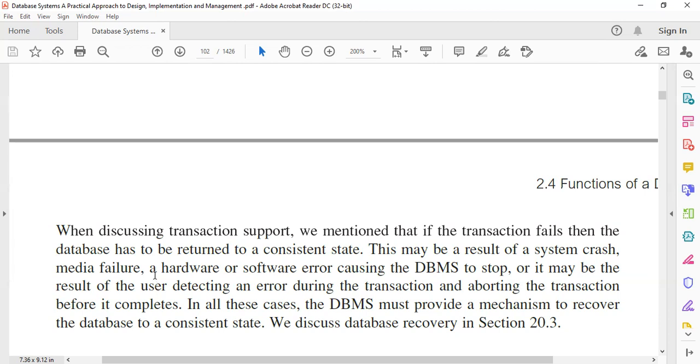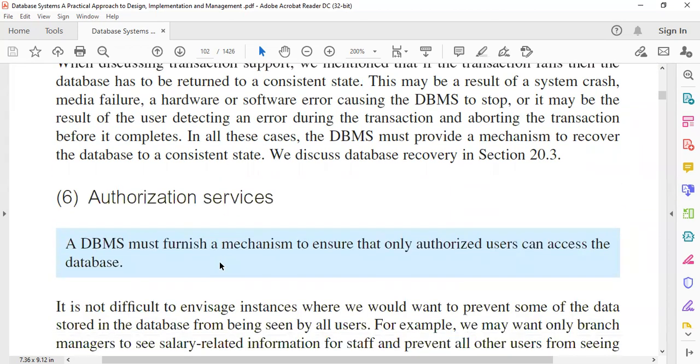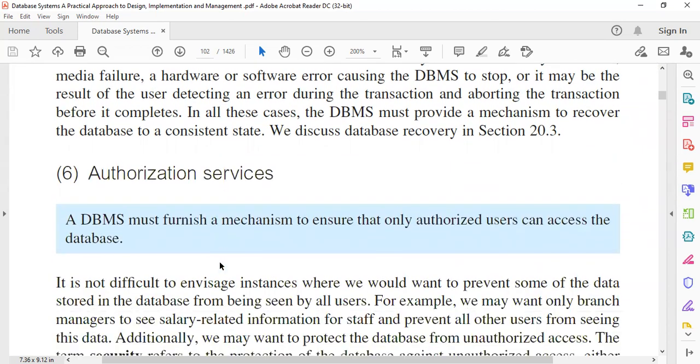So the recovery may be recovering from errors, may be recovering from a total failure. And these recovery services that are coming from a total failure may be brought about using a backup plan.